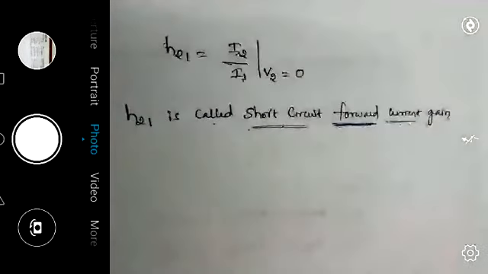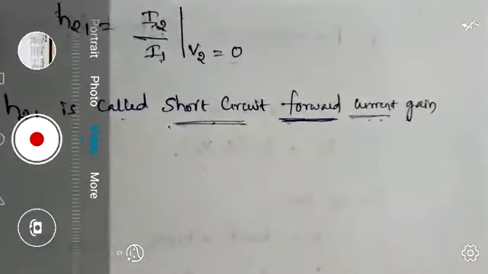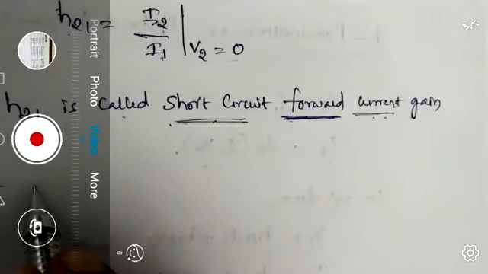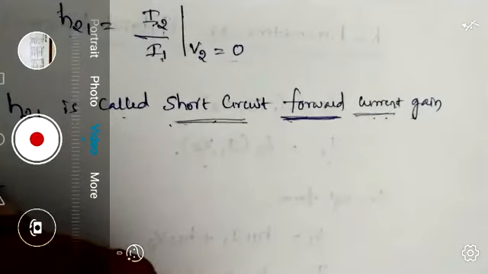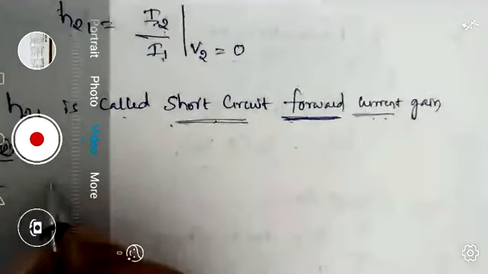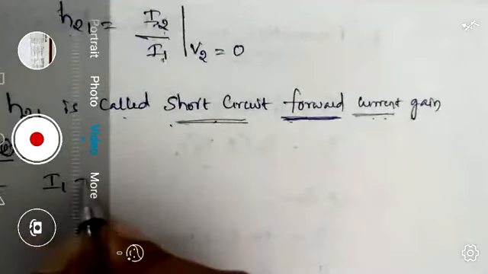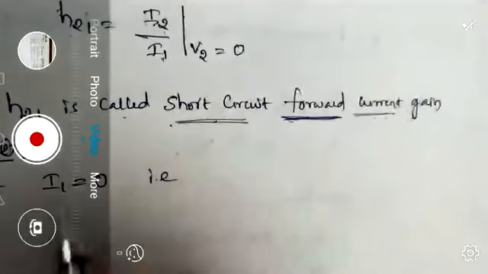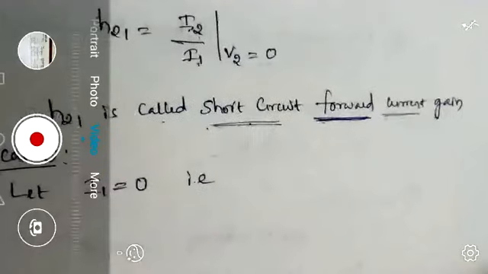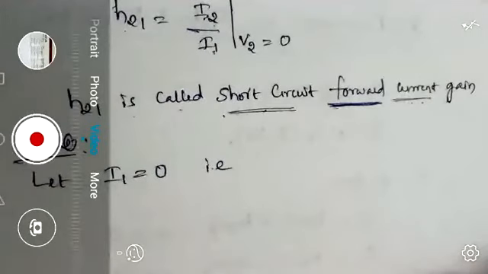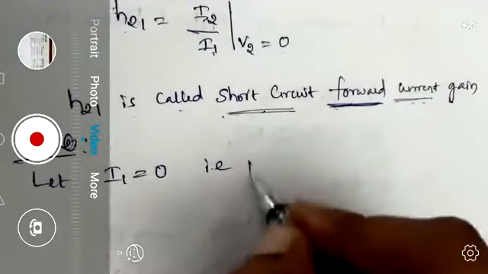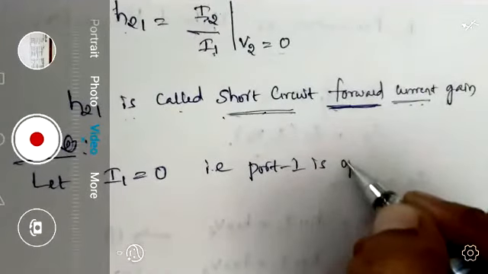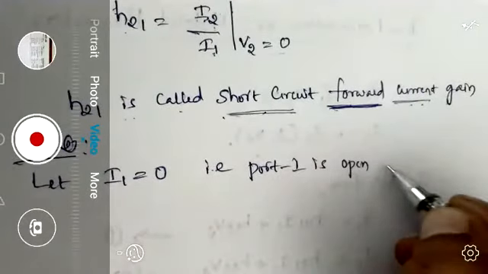Now, similarly, second case number 2, let us make I1 equal to 0. I1 equal to 0 means the current I1 at the input port side is zero, so port 1 is open circuit.